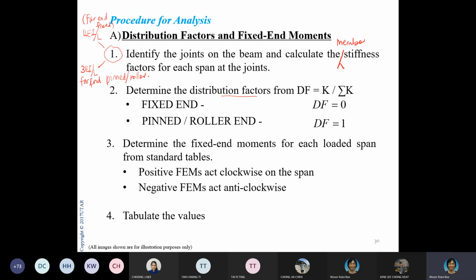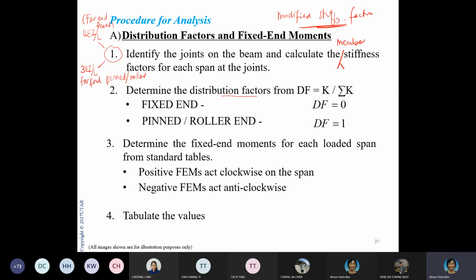So these are the two member stiffnesses that I will normally work with because I'm basing for the majority of the class. So for those of you who want to use, you can also do the modified stiffness factors. It's really up to you. But these are the two that you need to really know.